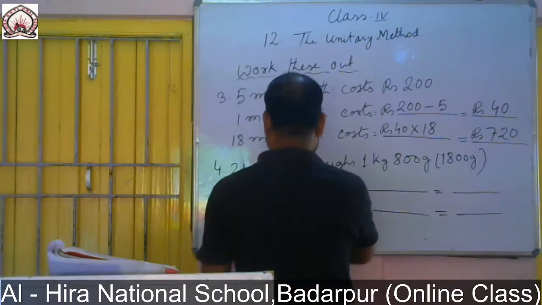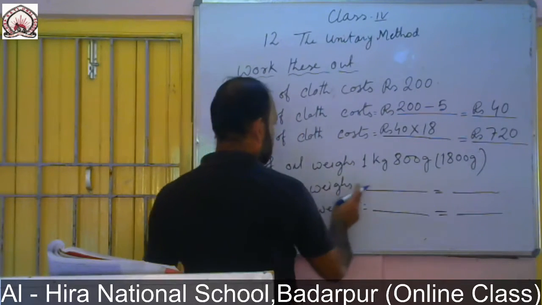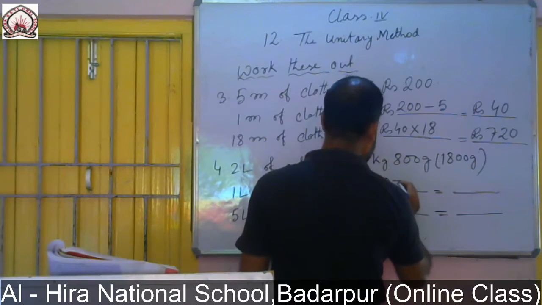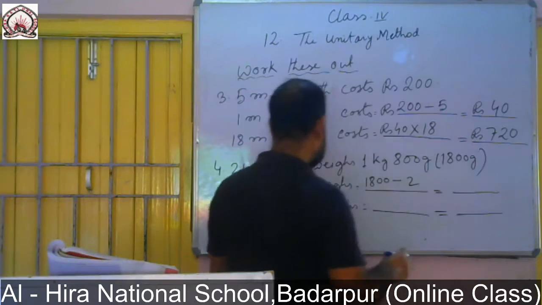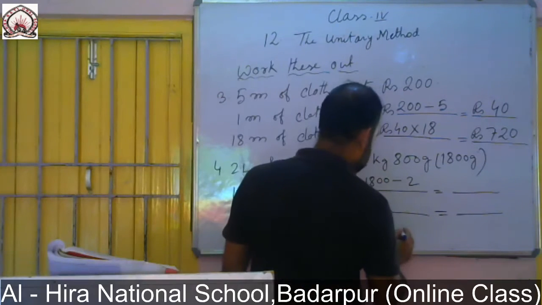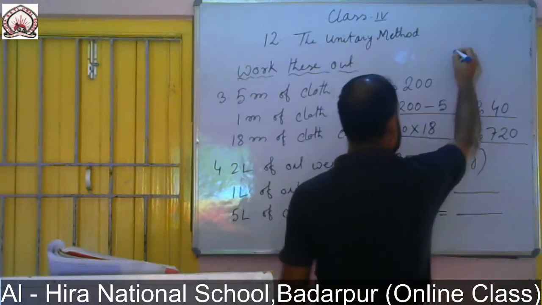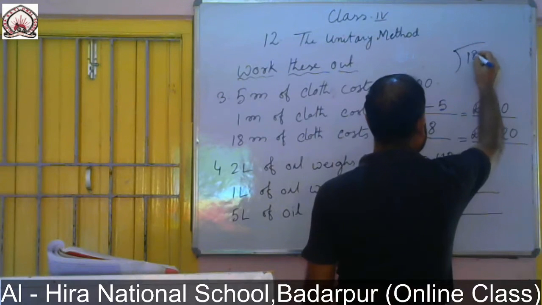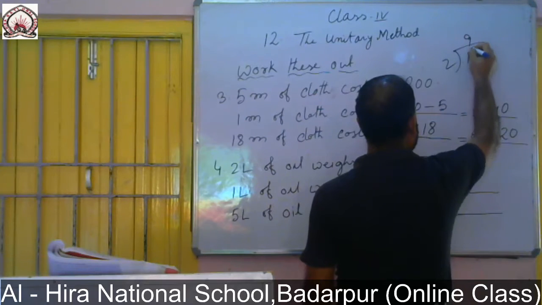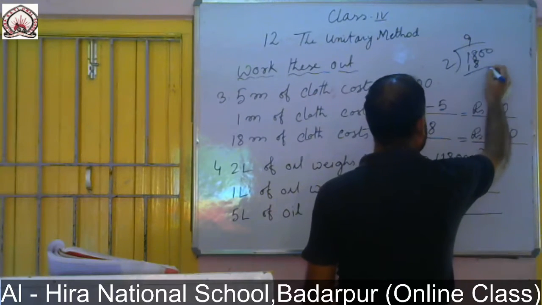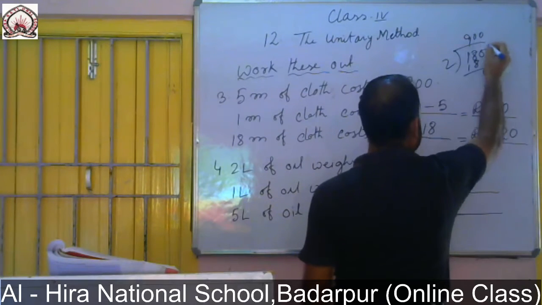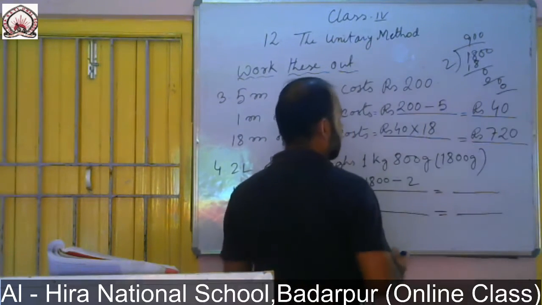So here the 1 liter of oil weighs is 1800 grams divided by 2. So if we divide, 1800 divided by 2, we get 900.